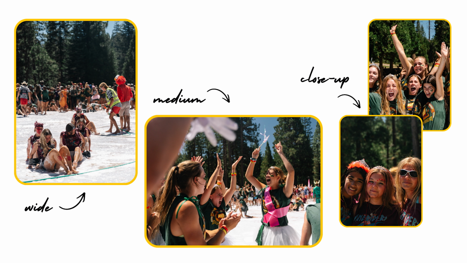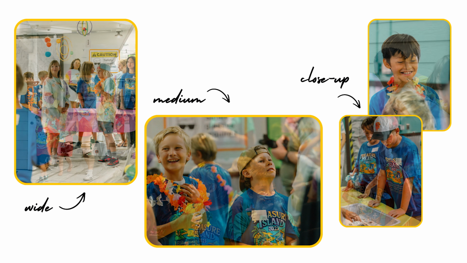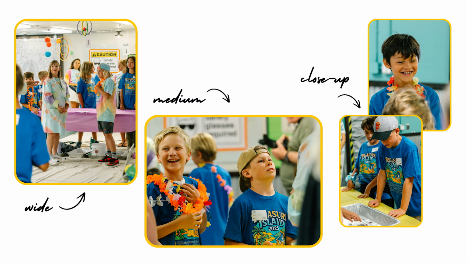Just all about changing your perspective so that fun photos come out of it and it's not very stationary, just eye line level the whole time. And you'll want to get wide shots, medium shots, and close-up shots. I think when you're moving a lot, that means you're going to get a lot of variety.